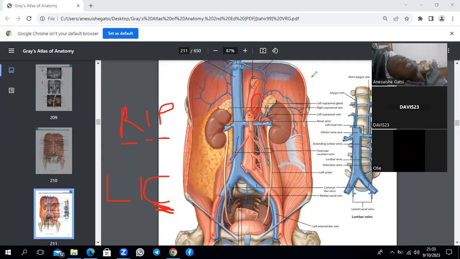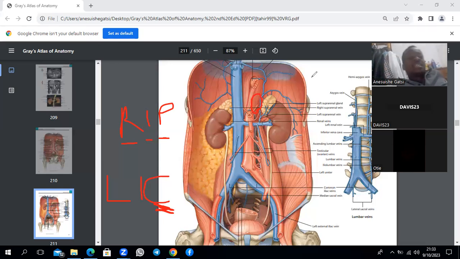Then Addison's disease is adrenocortical insufficiency, when it's not working, right? Then pheochromocytoma is a tumor of the adrenal gland. I think for you guys, it's just okay to know that it's a tumor of the adrenal gland, specifically in the medulla, and not really go to the specifics.